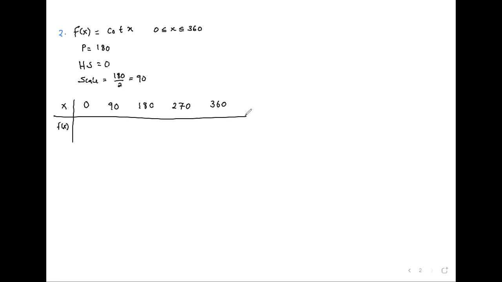Cot 0 is undefined. And cot 90 is 0. The other one undefined. Remember, this one is of 2. Undefined.